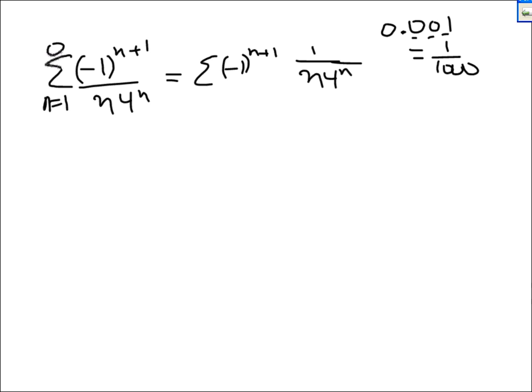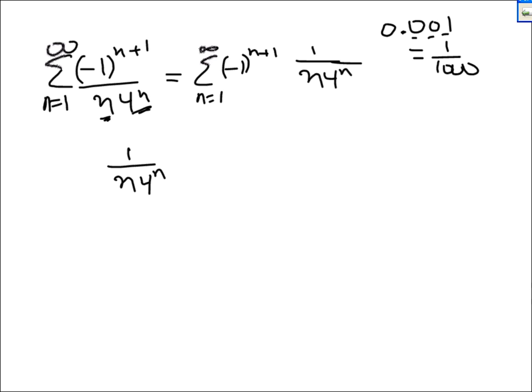You can't start with 0 because 0 times 4 to the 0 is 0 times 1, which is 0, and you can't divide by 0. So n goes from 1. I need to find out what term, 1 over n times 4 to the n, is less than 0.001.